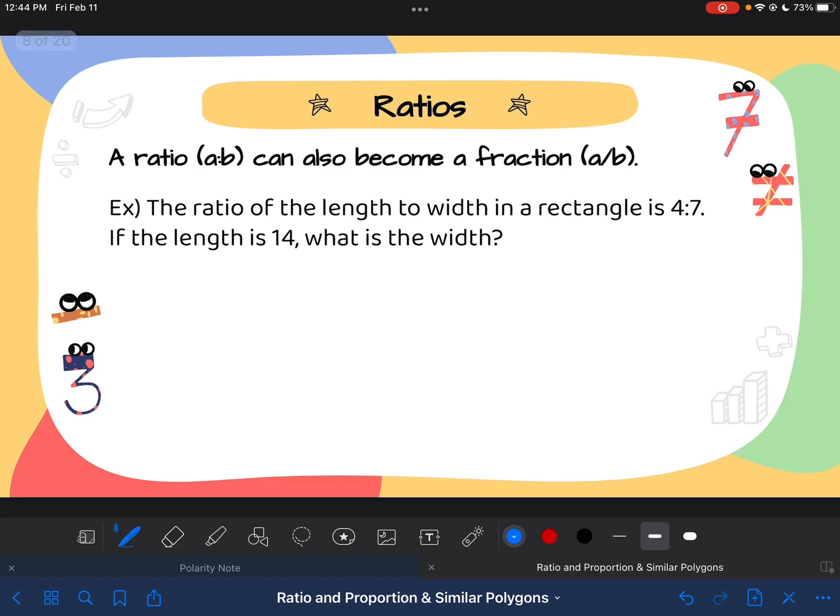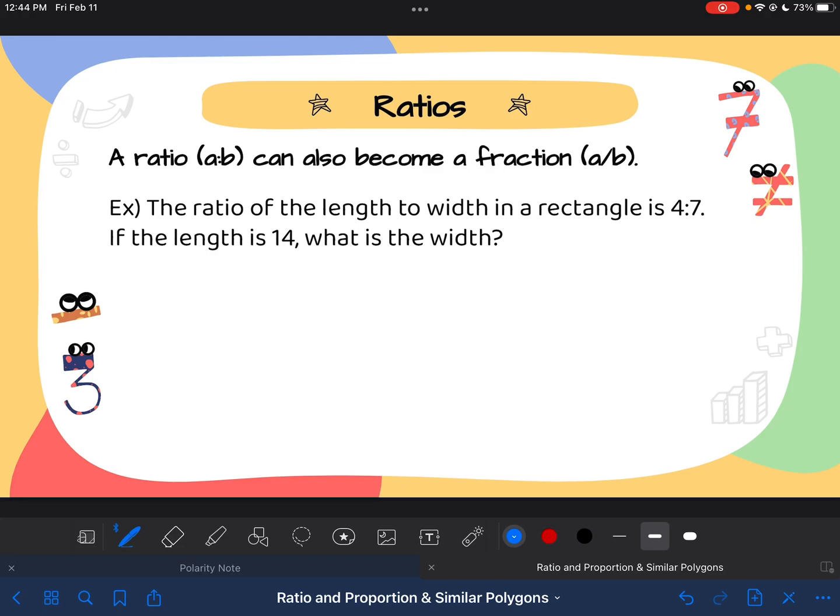Next, we talked about proportions. Now we're going to talk about ratios. Sometimes we call a ratio A colon B, and it can also become a fraction of A over B. So let's try to understand by solving a problem. It says the ratio of the length to width in the rectangle is 4 over 7.